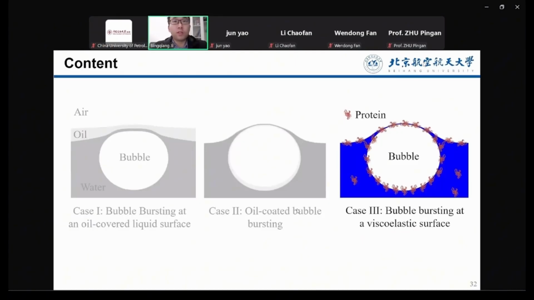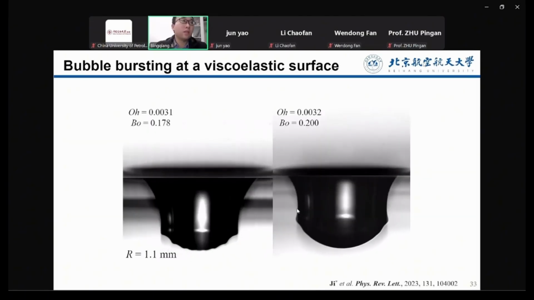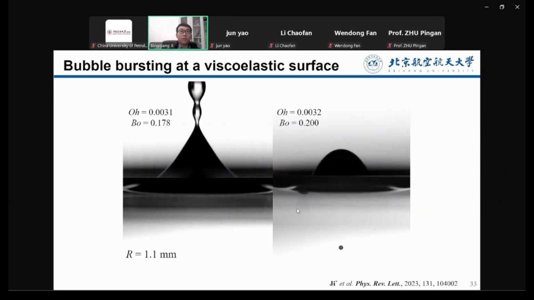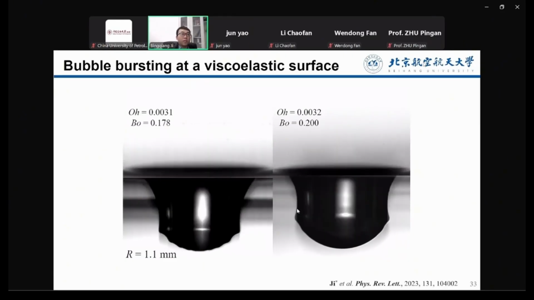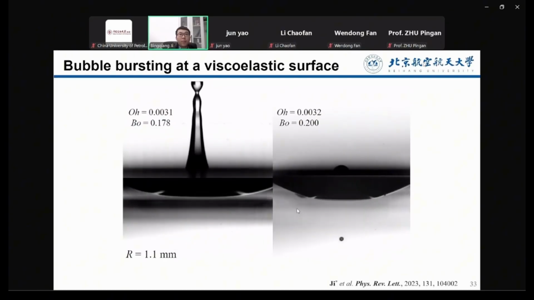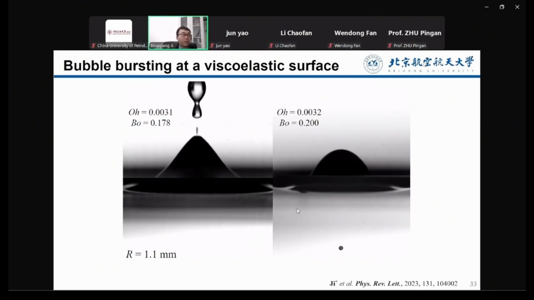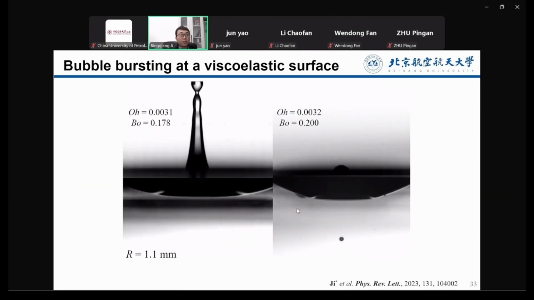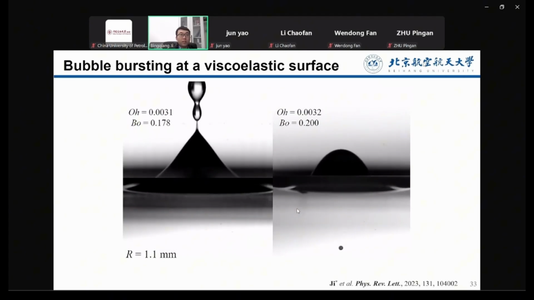The last case I want to talk about is bubble bursting at a viscoelastic surface. Here I show two videos of the bursting of two bubbles with the same size, and their Bond number and Ohnesorge number are almost the same.